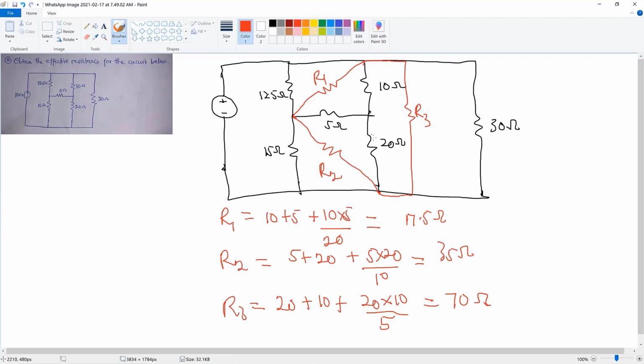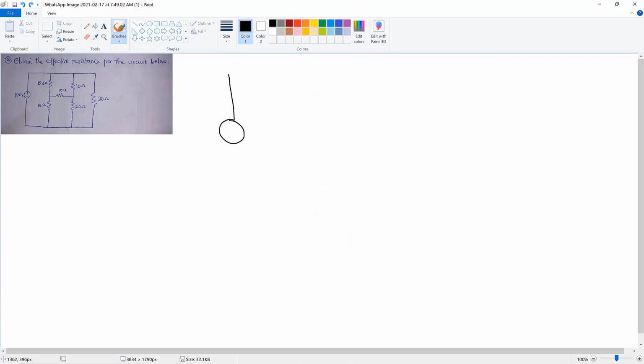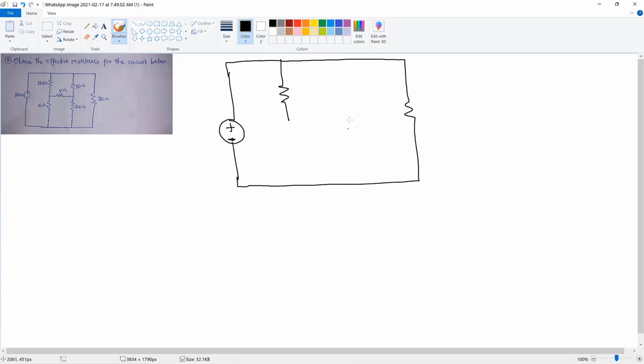So we are going to clean the star network out, and then keep the resistances that came as a result of the star transformation.